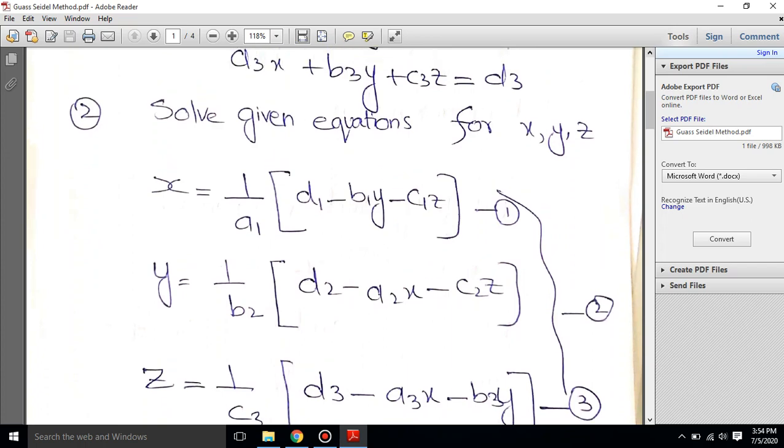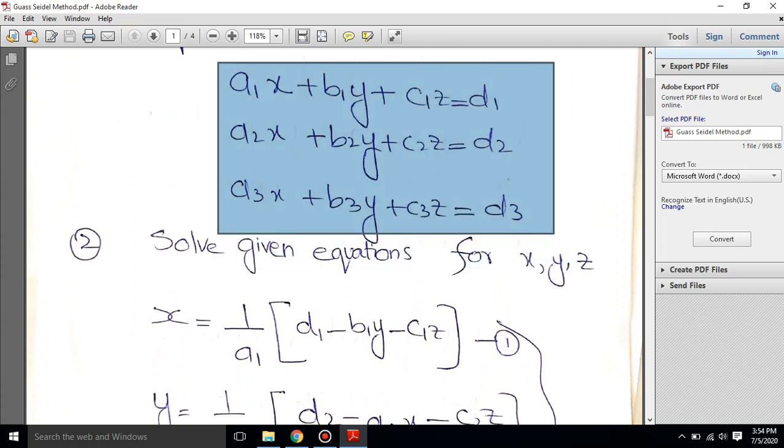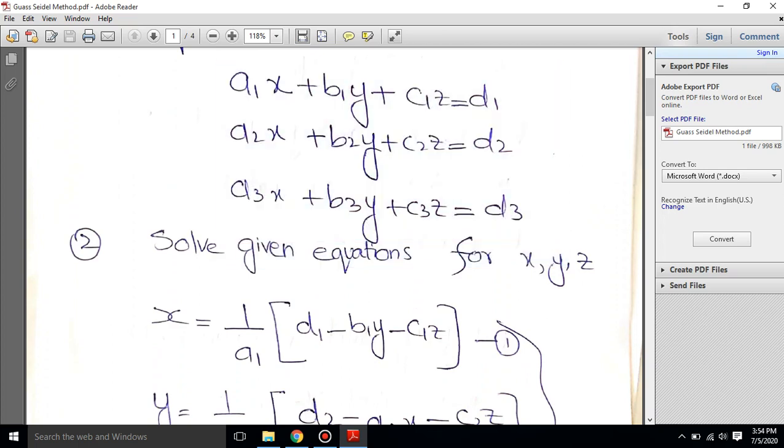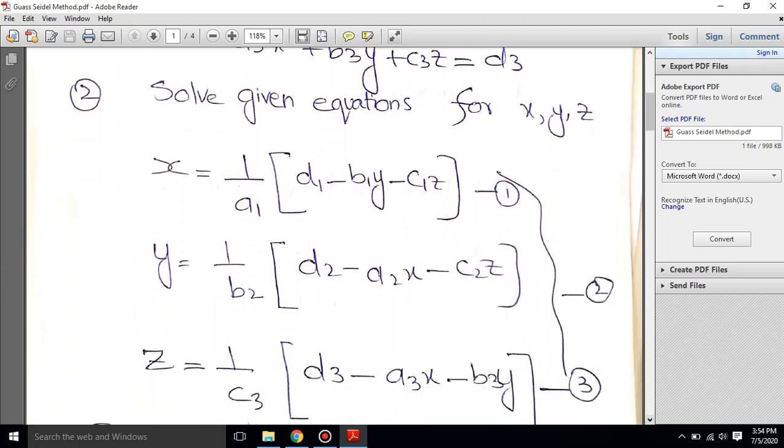Remember, we are taking each variable from any desired equation in the given set of equations. We'll consider these expressions as equations 1, 2 and 3.